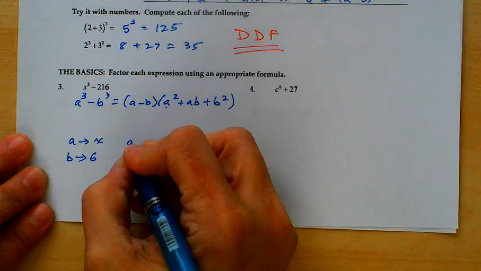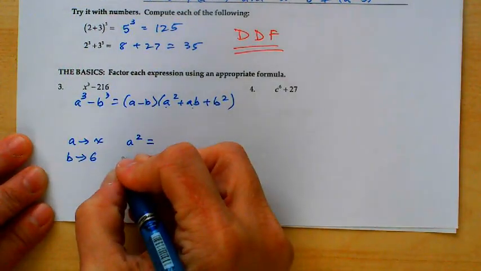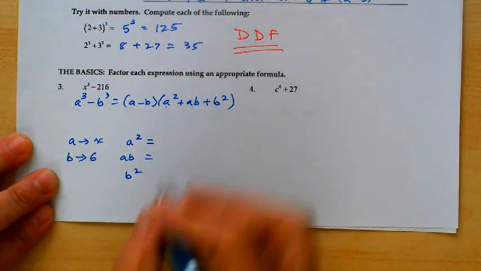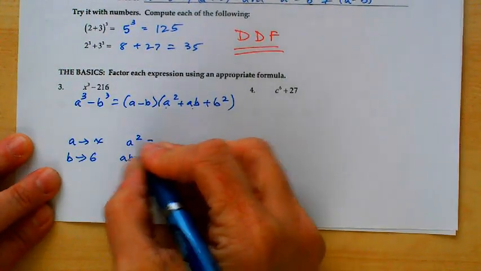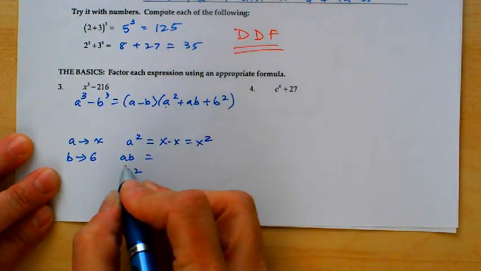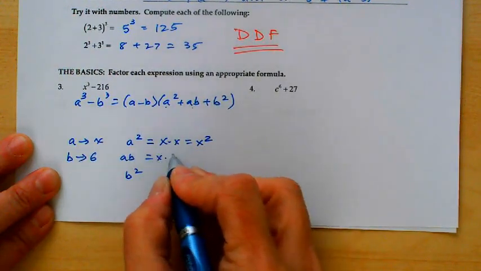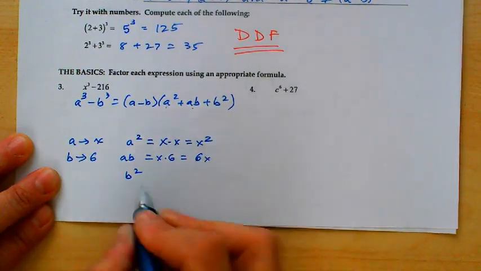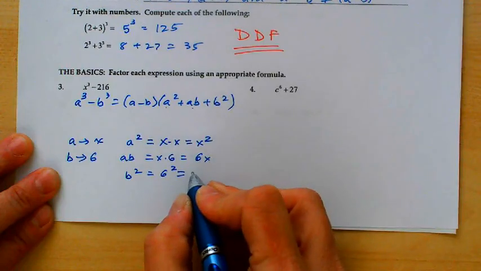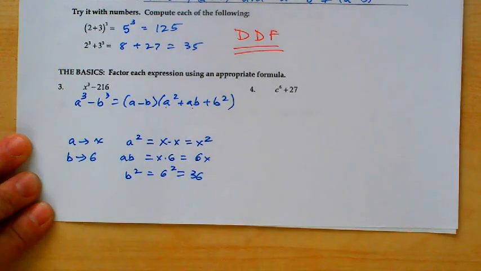Now we just need a square, a single product, and a square. So the square of a, well, that takes x squared, multiply x with itself. The single product will multiply x with 6. And for the final, we'll take the value of 6, square it, we'll get 36.